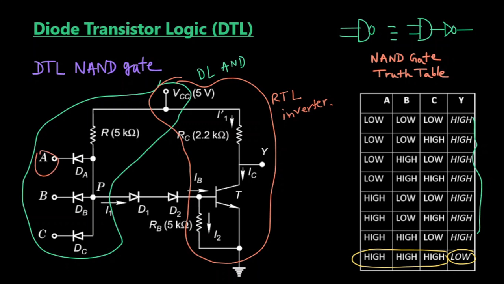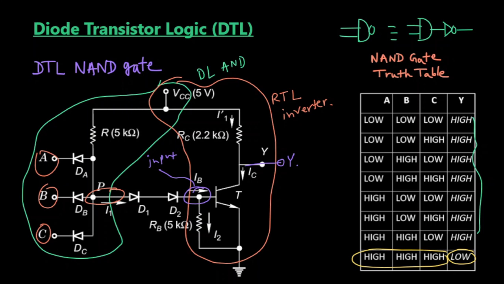The nodes A, B, C are the inputs of the diode logic AND gate, and the output node of the DL AND gate is the P node. The input node of the RTL inverter is the base node of transistor T, and the output of the RTL inverter is the Y node.